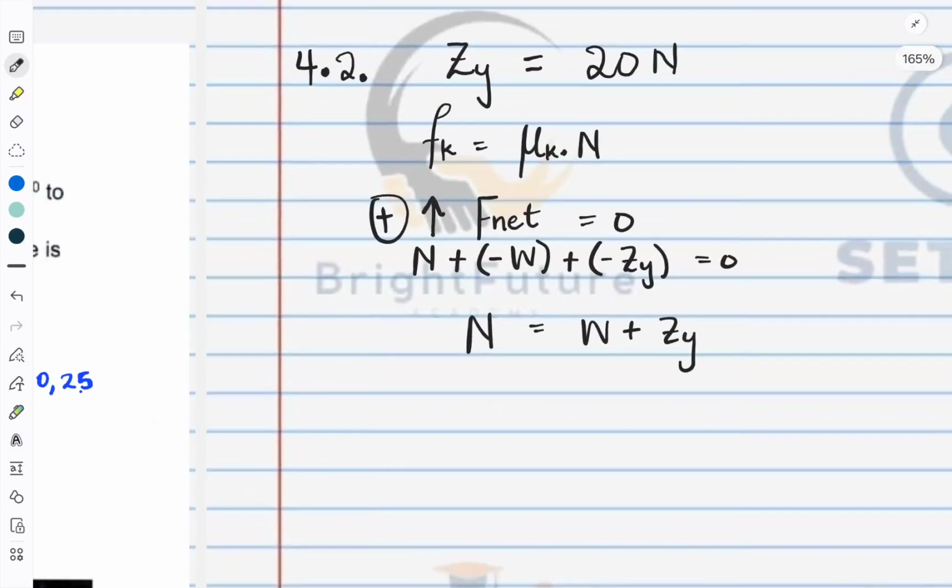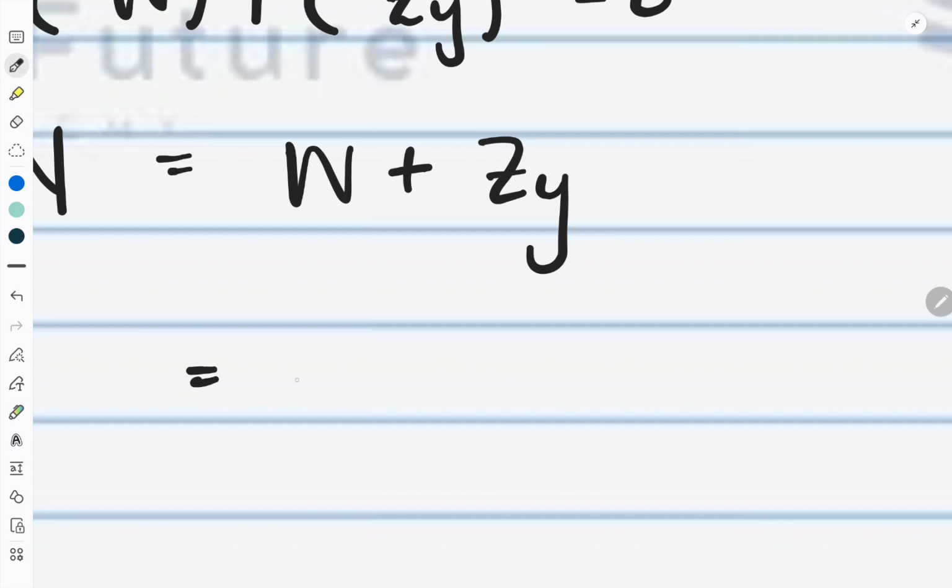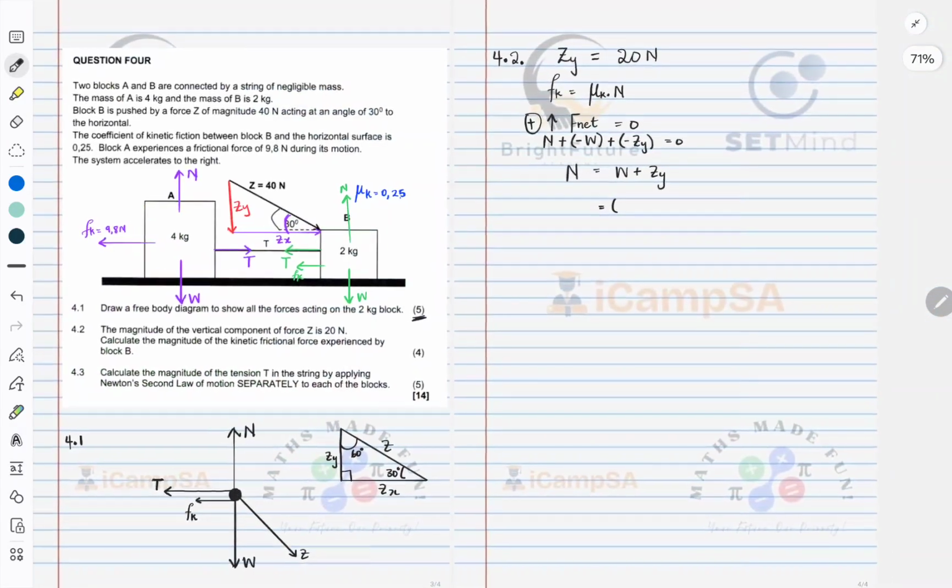But you wouldn't have been able to tell if you don't know where that whole equation of N comes from. Right, then from here we can put your mg if you want, but you can just substitute straight from here. We are given Z, right? Let's just substitute. We know that weight is simply, is it the 2 kilogram block? What block is this?